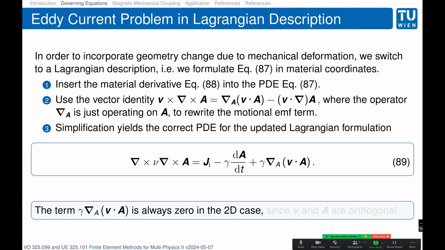So in 2D you can say, okay, my object is moving from left to right, so it has a velocity in the 2D plane you consider, and we know already that the A field for 2D problems is out of plane only, so they're always perpendicular. So here the convective term is always gone, and the motional EMF effects are contained here in this substantial derivative.